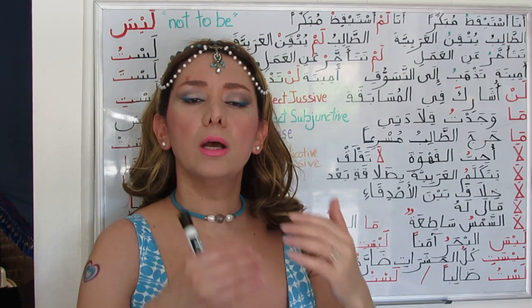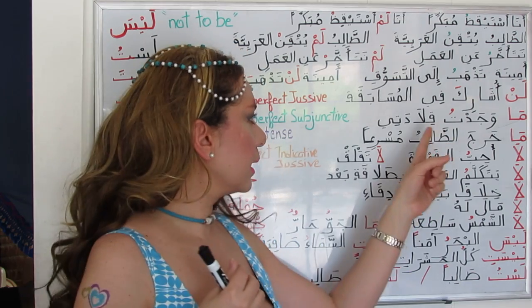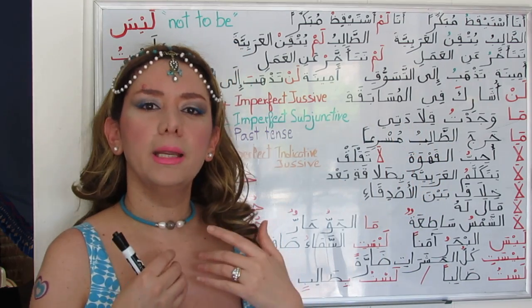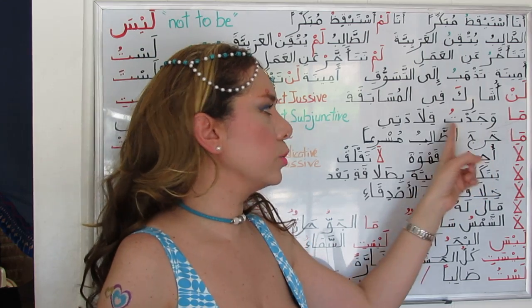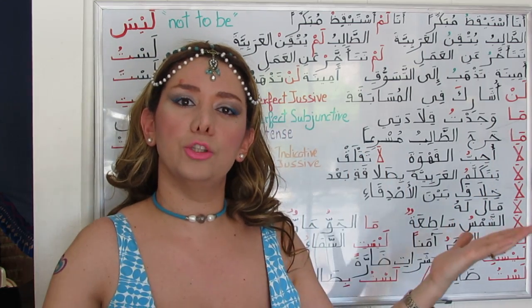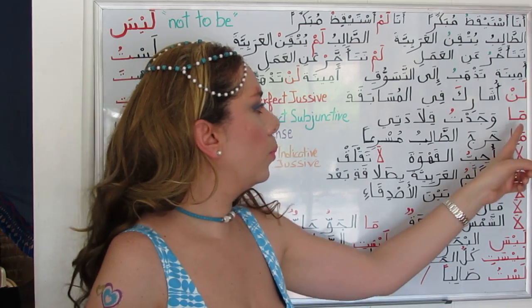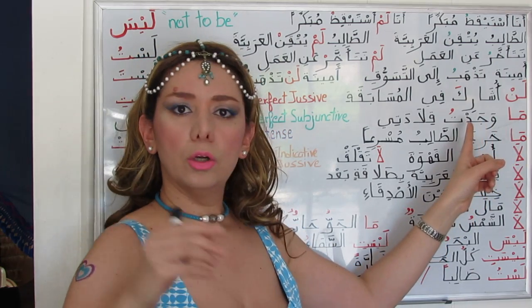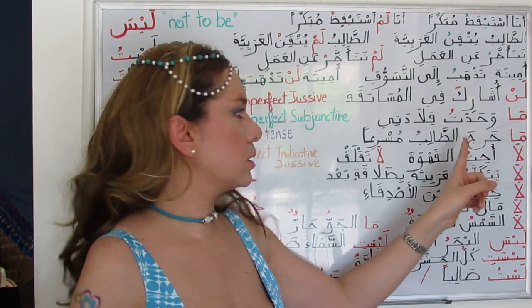I didn't find my necklace. قلادتي, my necklace. I did not find my necklace. ما وجدت قلادتي. So ما plus the past tense.